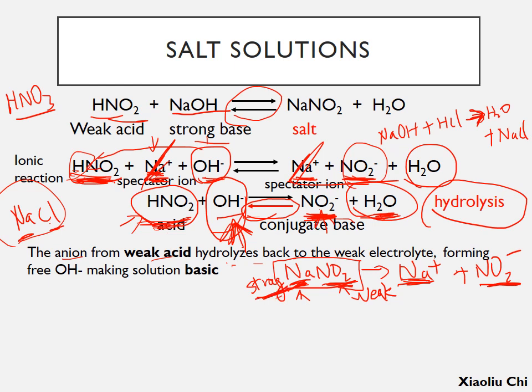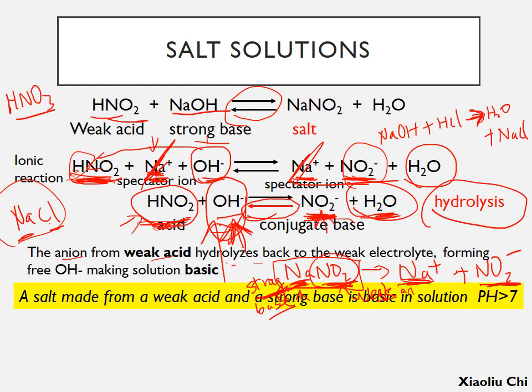So the strong base wins the solution compared to the weak acid, and that makes the solution basic because you come from a strong base. But the real reason is the nitrite ion comes from a weak acid, hydrolyzes back to the weak acid, generates hydroxide, and that makes the solution basic.